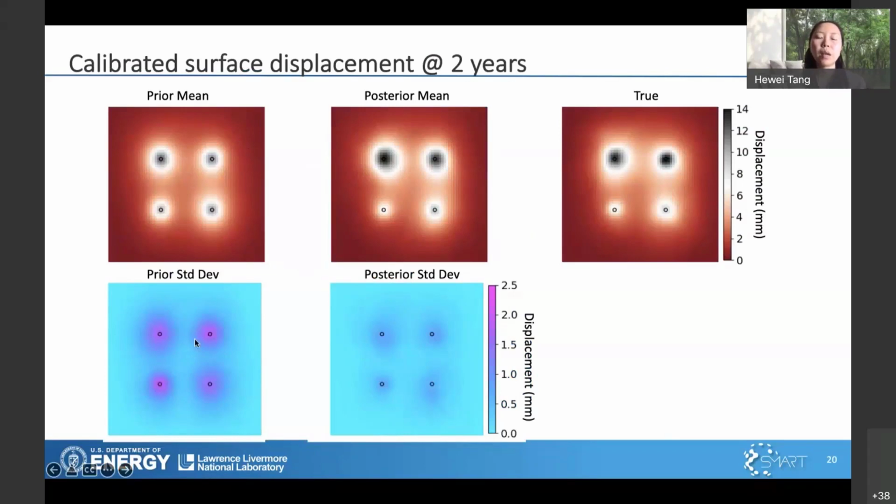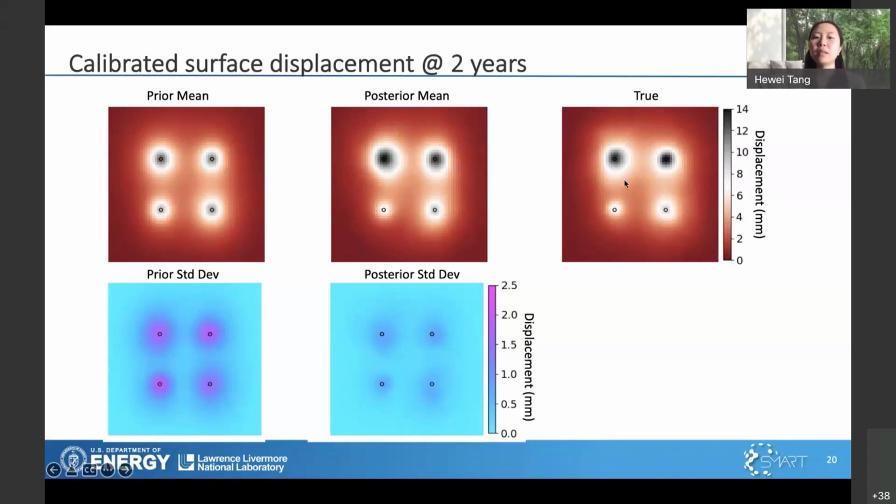On the first row, I show the mean and standard deviation of the surface displacement prediction based on the prior ensemble. And on the second row, I show the mean and standard deviation of the surface displacement based on the posterior ensemble.